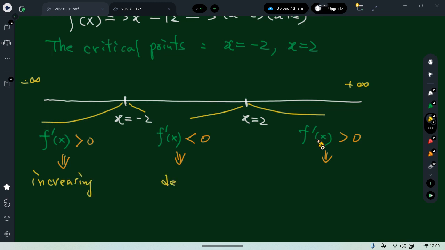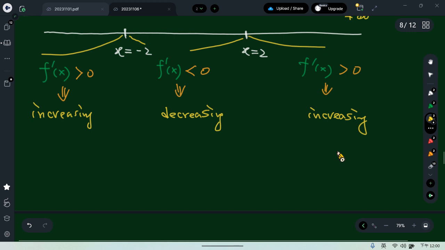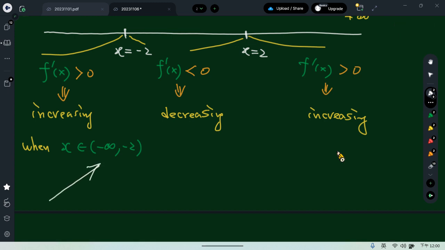This is decreasing. Then this is increasing. Right? So when s belongs to negative infinity to negative 2, it will be increasing.